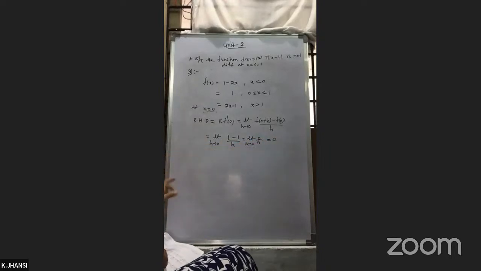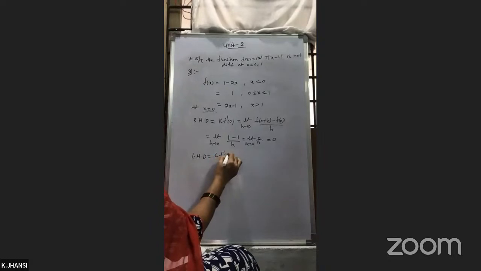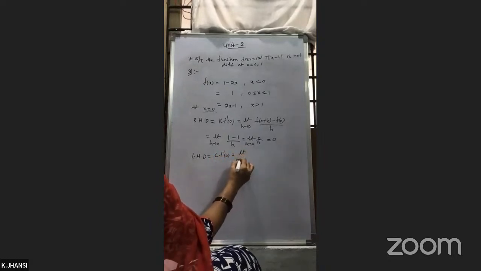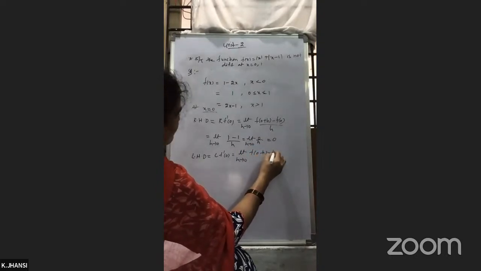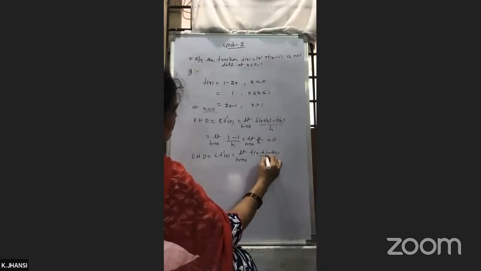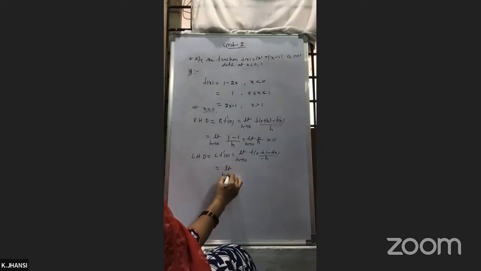So similarly, this is the RHD, no? If we go to the LHD, L f dash of 0 is equals to limit h tends to 0, f of 0 minus h minus f of 0 by minus h. So it is limit h tends to 0.